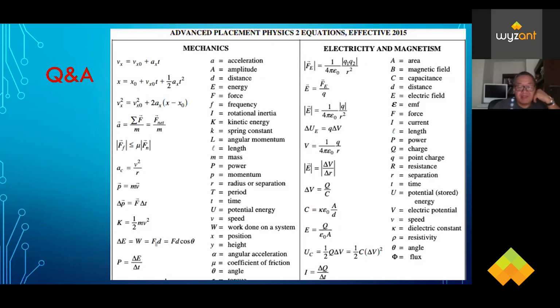Use the past AP Physics 2 problems, do your practice. That's the most efficient way, okay? Because every year the problems are very similar. That's my suggestion, okay?